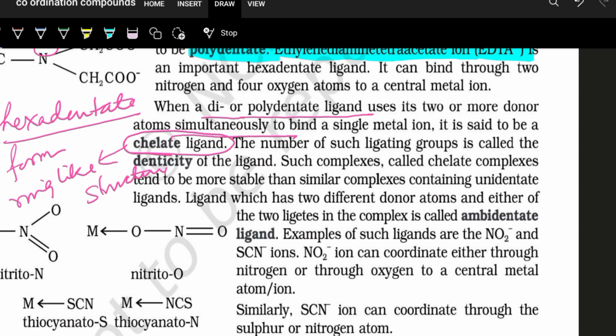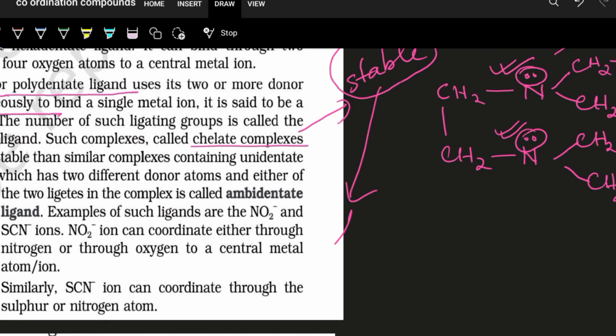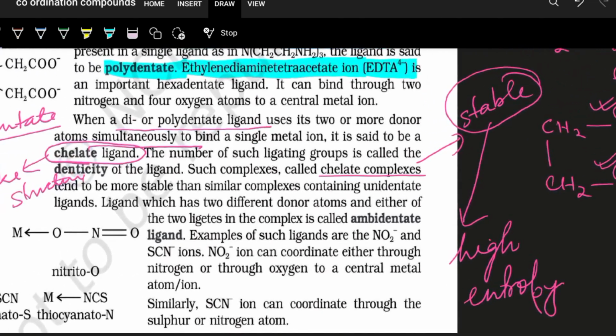Two atoms bonded together means it forms a ring-like structure, for which these chelating ligands form chelate complexes which have extra stability due to high entropy. Due to high entropy, they have extra stability.